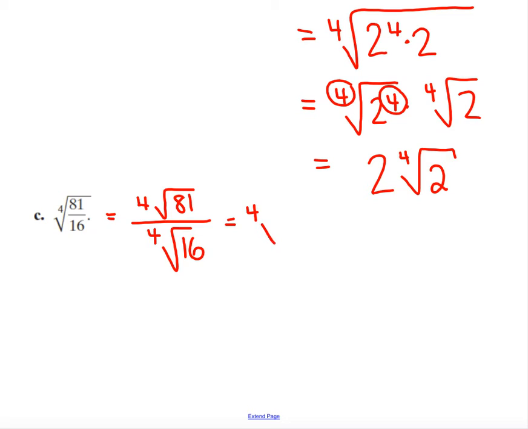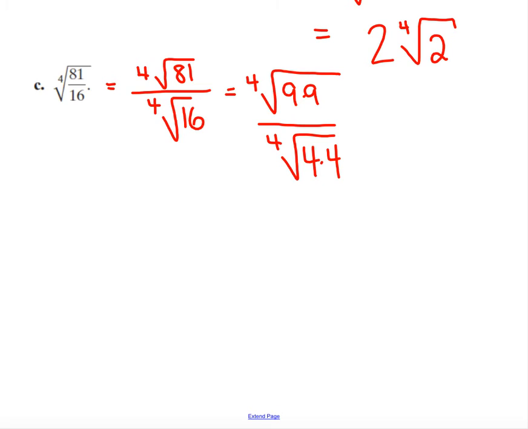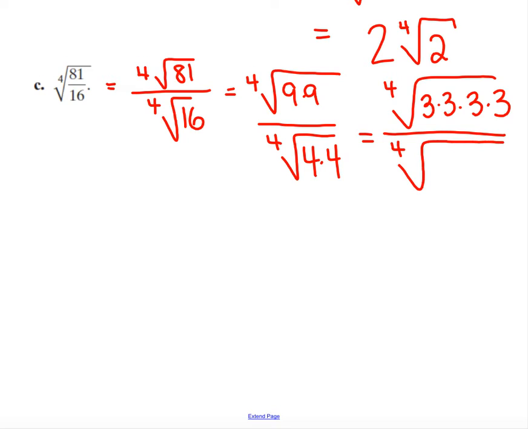So I'm going to say, all right, 81 can be written as 9 times 9, and 16 can be written as 4 and 4. Break it down farther. 9 is 3 times 3, 3 times 3.